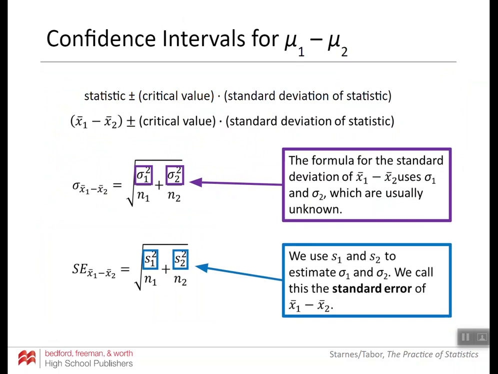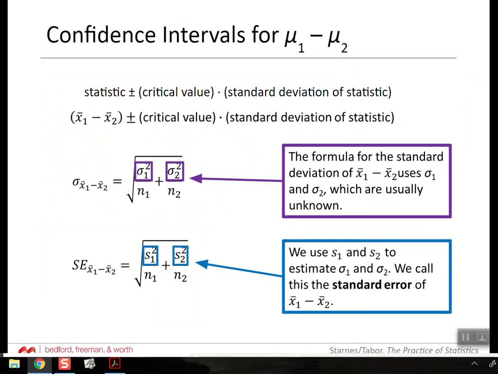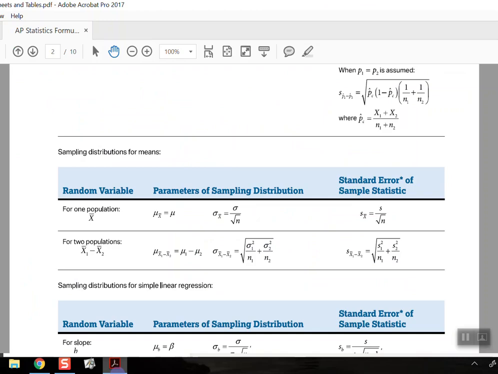So, we can look at the standard error, which uses the sample standard deviation to estimate the population standard deviation. And again, this formula is on your formula sheet. In the last column, we have the standard error instead of the standard deviation.